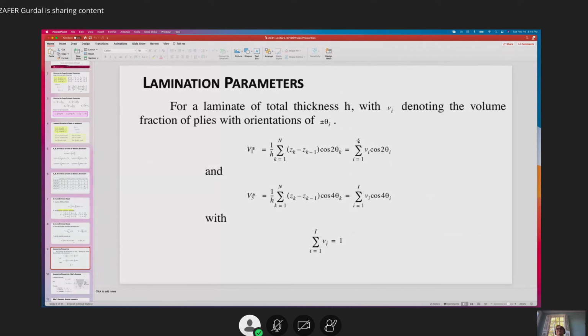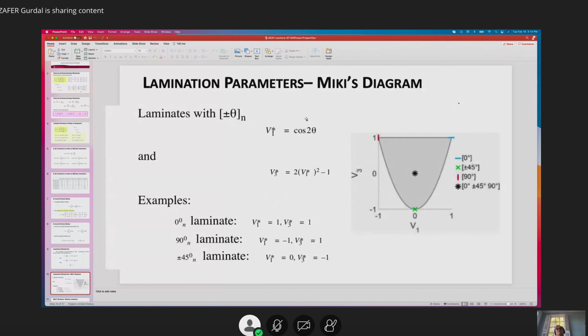When capital I is equal to 1, we have only plus minus theta angle. I equals 1 to 1, I is equal only 1. So V1 star is V1 cosine 2 theta 1. Or 2 theta, there's no need to call theta 1. So V1 star comes out to be cosine 2 theta.